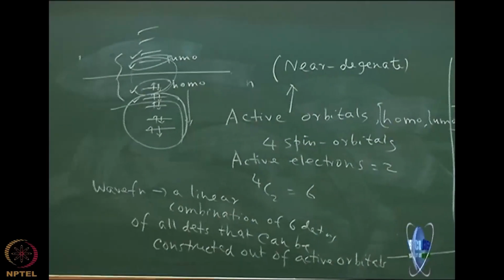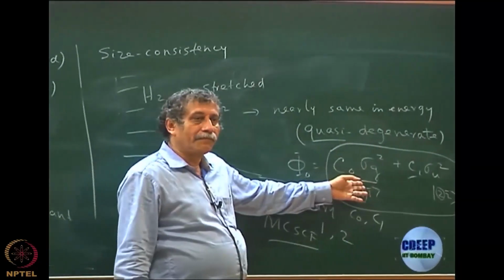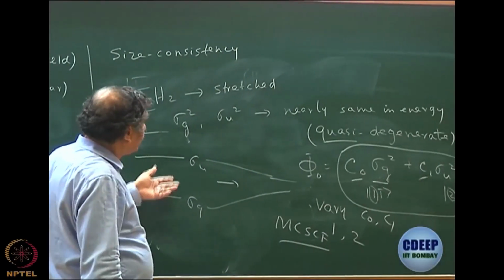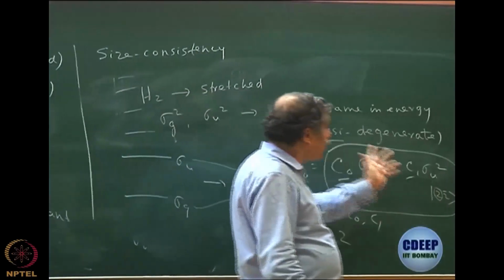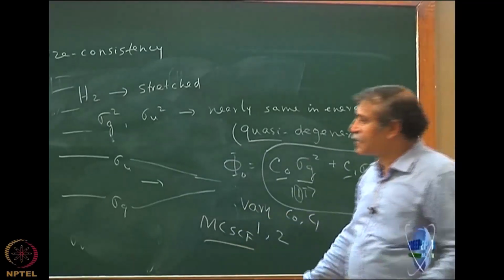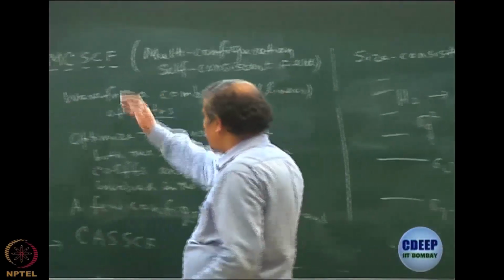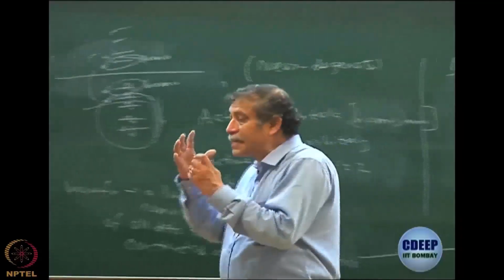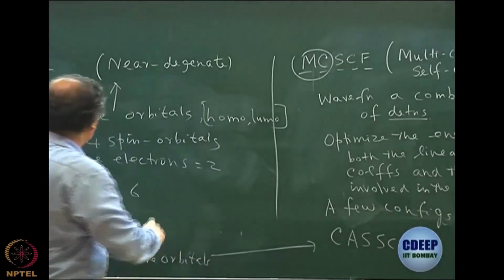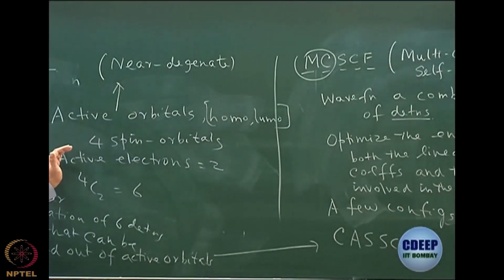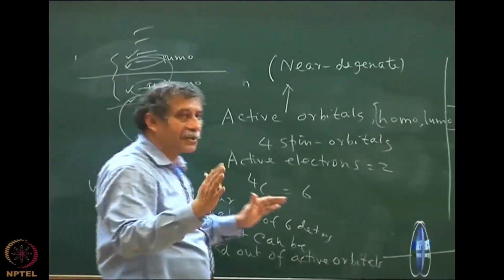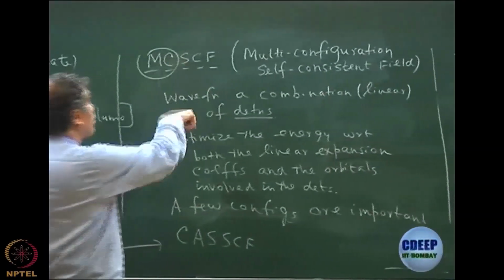So in this example, it is a CAS SCF actually, because I have chosen only sigma U, I have 2 electrons. In terms of symmetry, this is the only possibility. So in a way, this is a CAS SCF. So CAS SCF is like MCSCF, but the MC part is chosen like this: you first look at the active orbitals, distribute the active electrons in all the active orbitals possible within the symmetry consideration, and then do an MCSCF.